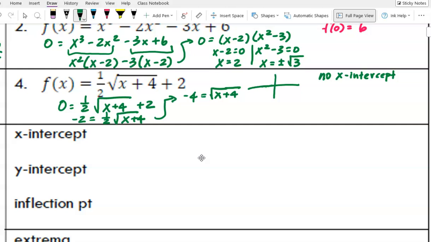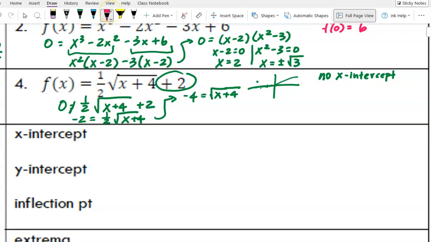Basically this function has just been moved left 4, 1, 2, 3, 4, because it looked like this before. Moved left 4, and then went up 2. So it can't produce a 0 output because it's been moved up because of this +2 right here. So there's no x-intercept in this.